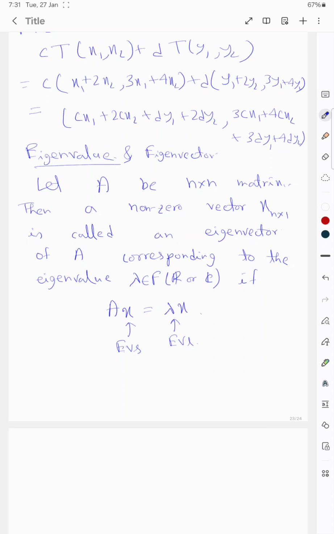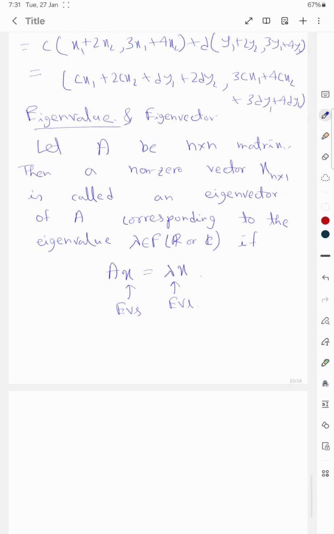Now how do we find these? Basically, you can write Ax equals lambda x. I can write lambda x as lambda I into x, because any vector you can write as I into x. For example, if you have the vector 1, 2, I can write this as the matrix 1 0 0 1 times 1, 2.